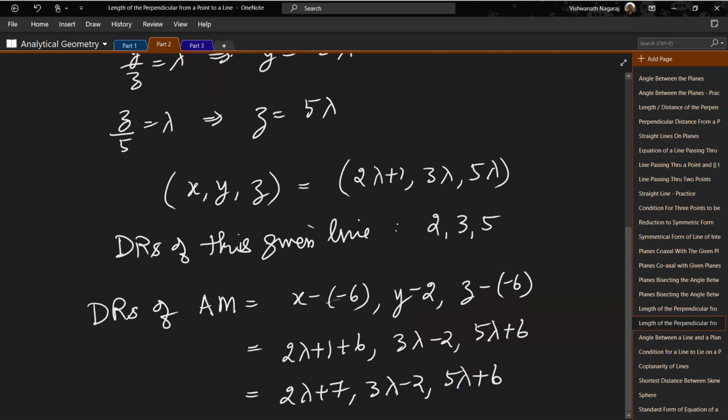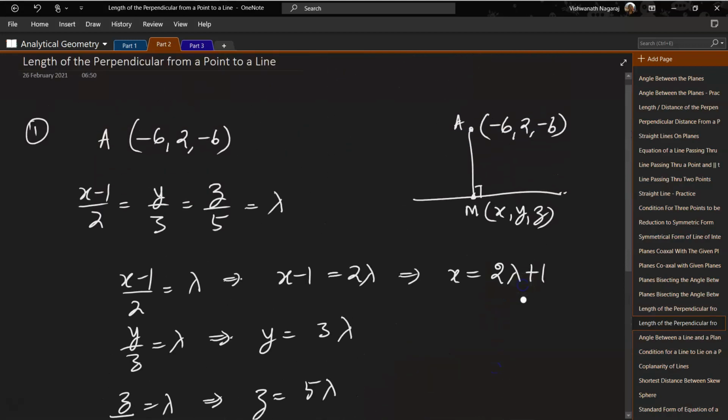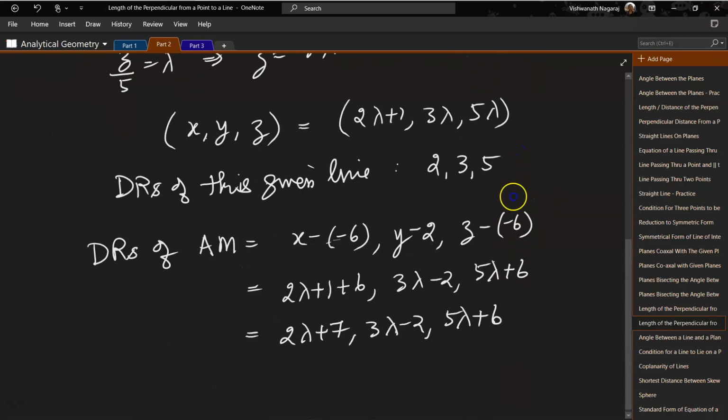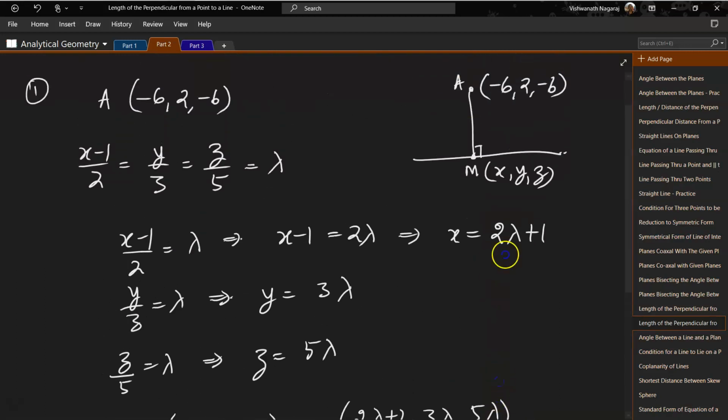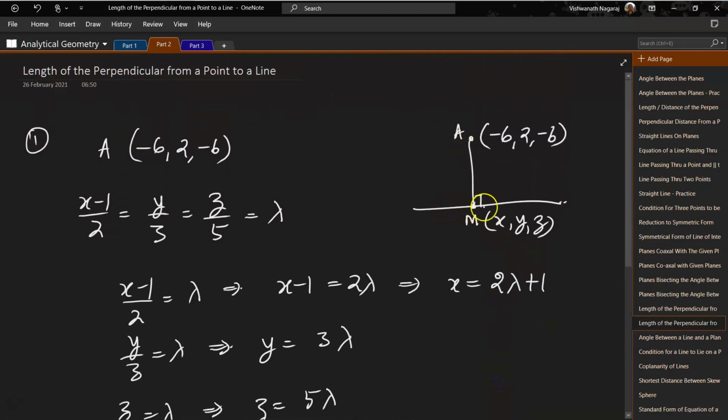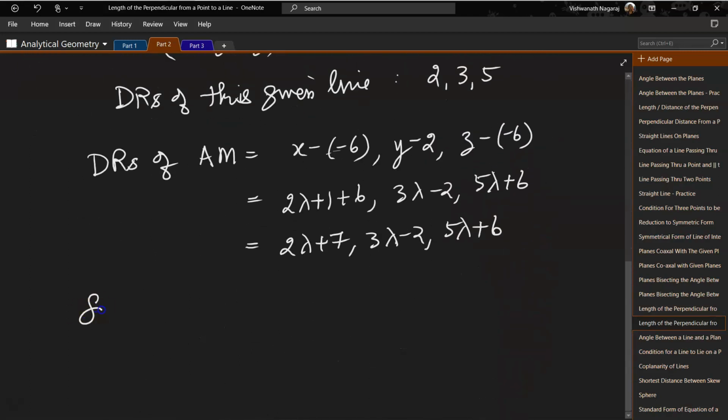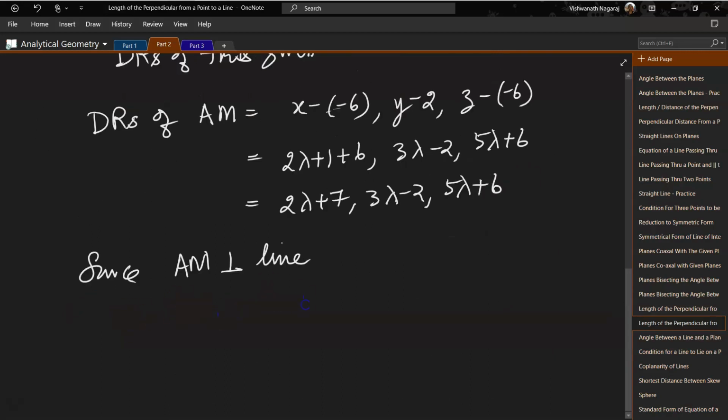So now remember, what we have is the DRs of AM. Now AM could be perpendicular, or it could be any point from A to any point on this line. So what we have to do is figure out the situation when it is perpendicular to this, because that would be the shortest distance, right? Since AM is perpendicular to the line, what do we know about that perpendicularity? We know that the sum of the products of the DRs would be equal to 0.